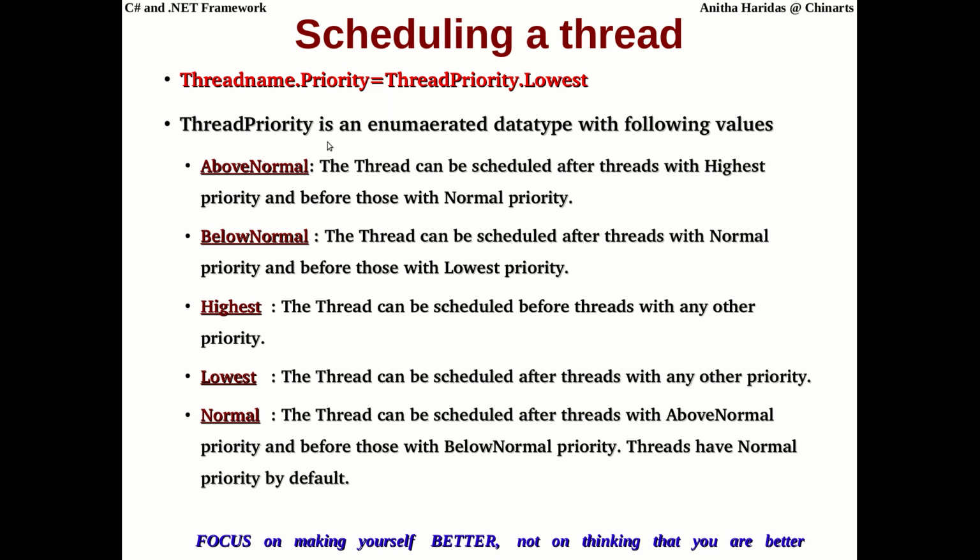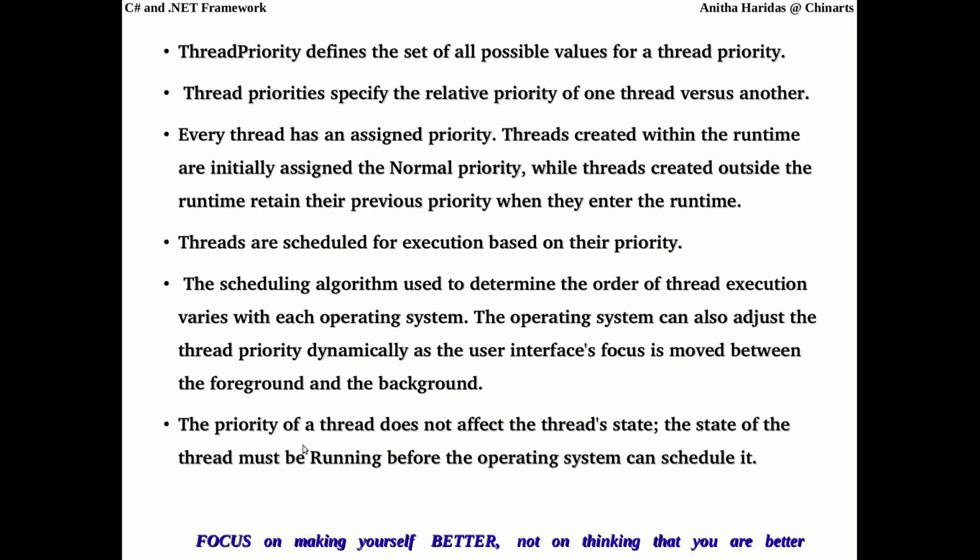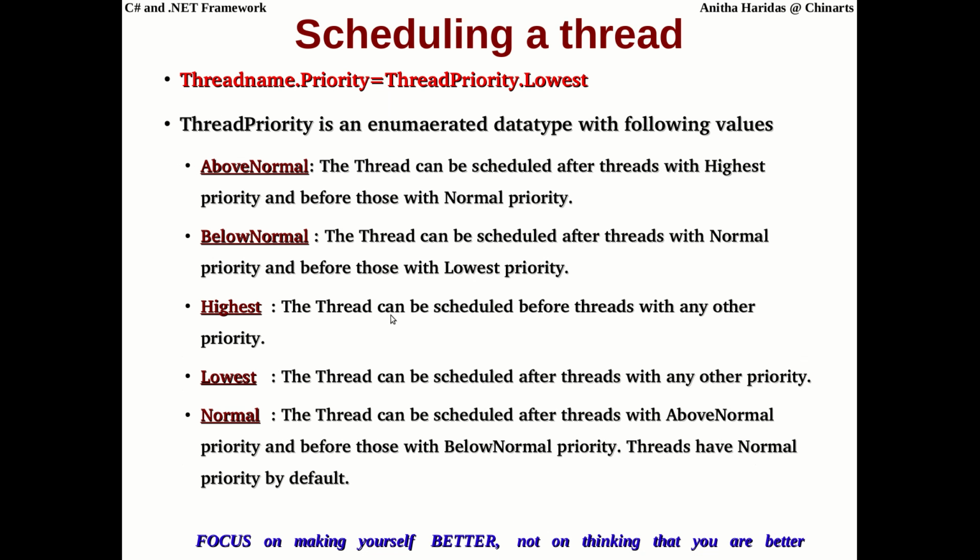Now this is the order of the priorities. You have Normal at the center, above Normal you have AboveNormal, and above that you have Highest. The same way, below Normal you have BelowNormal, then Lowest.